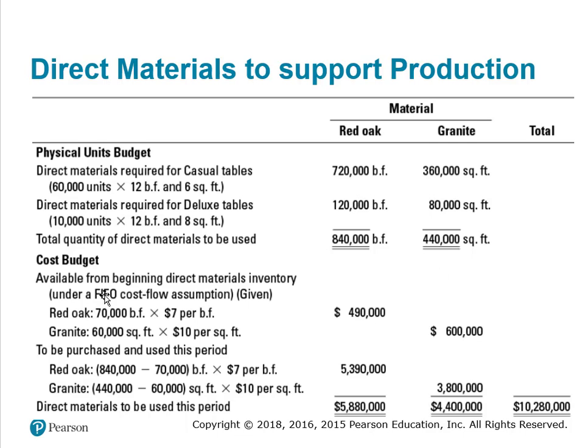Okay, so then the cost budget would be some of it is going to come from beginning inventory, and some would be purchased and used this period. Okay, so these would be direct materials used this period. We'll see how the problems go in this. Okay, this is kind of an unusual format.